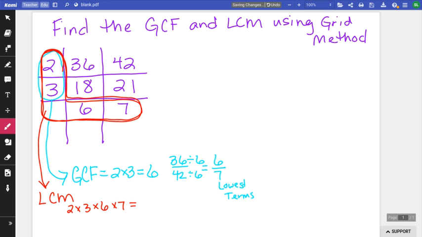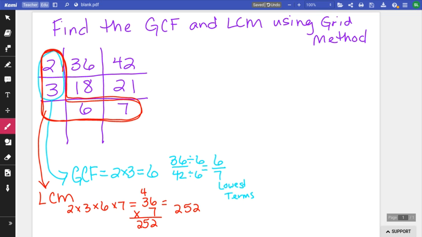Well, 2 times 3 is 6. 6 times 6 is 36. So we just need to take 36 times 7. So 7 times 6, 42. Carry the 4. 7 times 3 is 21, plus 4 is 25. So the LCM of those two numbers is 252.